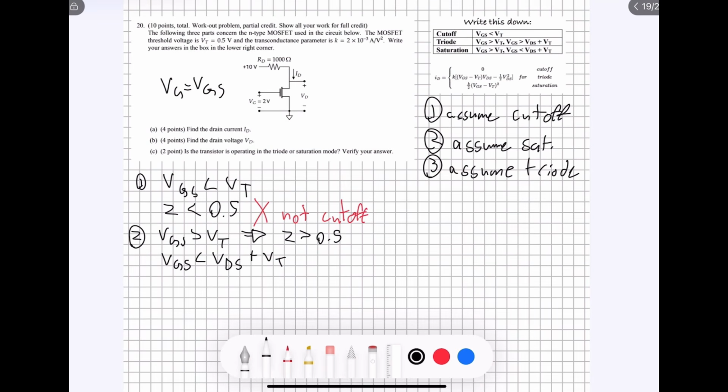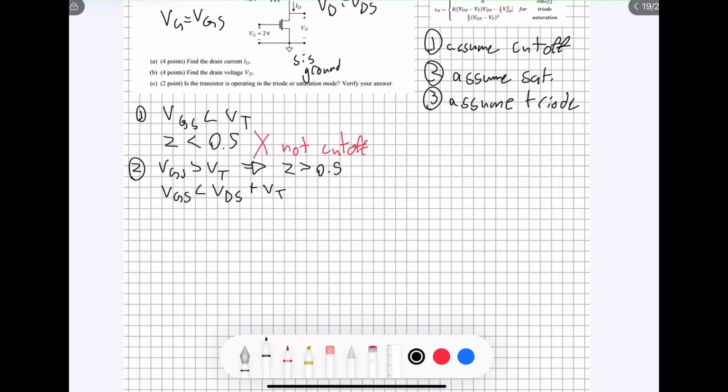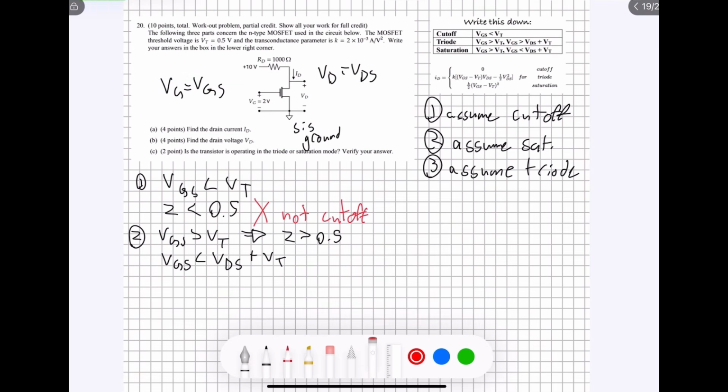And once again, VD is equal to VDS in this problem because S is grounded. All right, so we know what VGS is and we know what VT is, but we aren't given VDS in this problem. And that would be just VD right here. It's an unknown that we have to solve for.